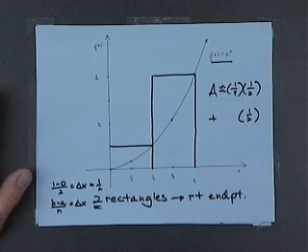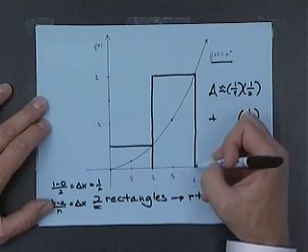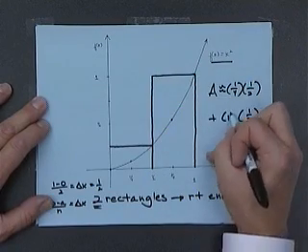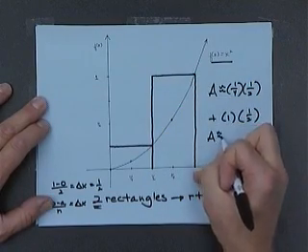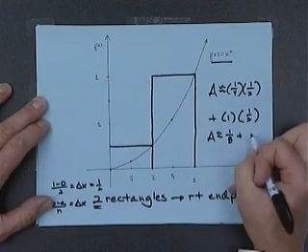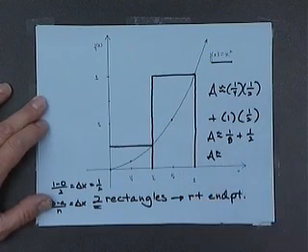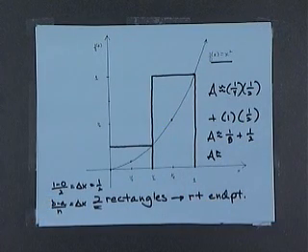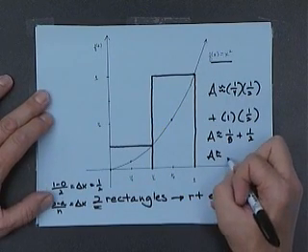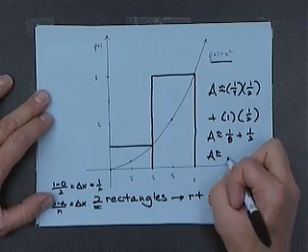I'm just going to go ahead and write down what f of 1/2 is. And the next rectangle is f of 1 tall. What is f of 1? It's 1. So we've got 1/8 plus 1/2. So what is that? 5/8. What is 5/8 as a decimal? 0.625.